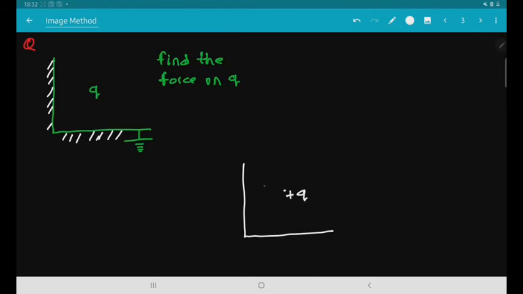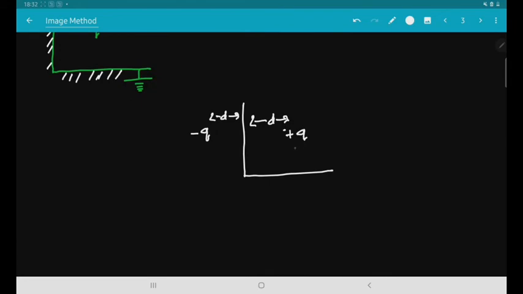Again, we will be using the image method. This is at a distance d from the plate. So we will consider a negative charge at a distance d from this plate, and this is also d. So we'll consider one more charge minus q on this side.